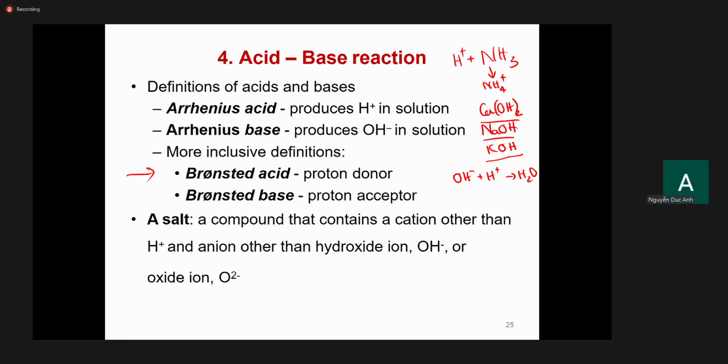It is another anion like chloride, bromide, sulfate, or nitrate. In that case, you have a salt. It's common and familiar to you from high school as well.